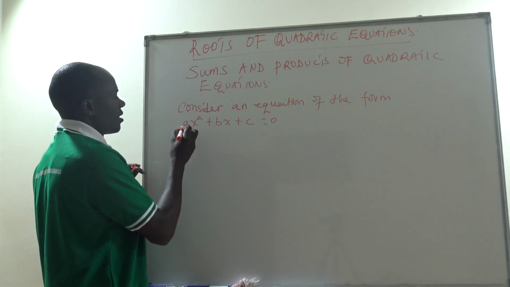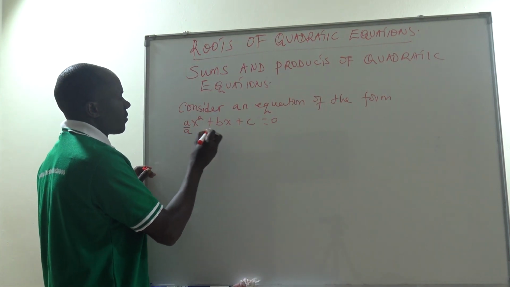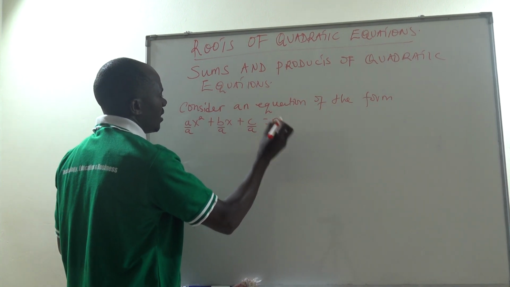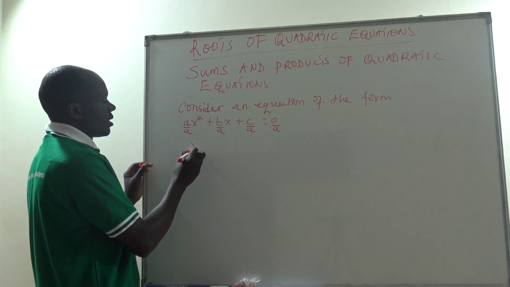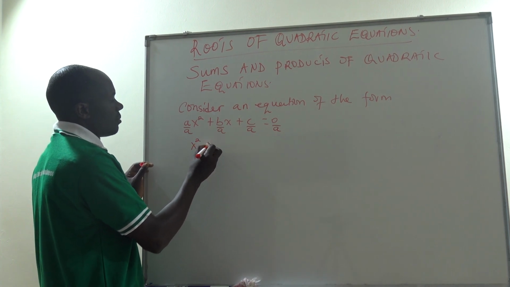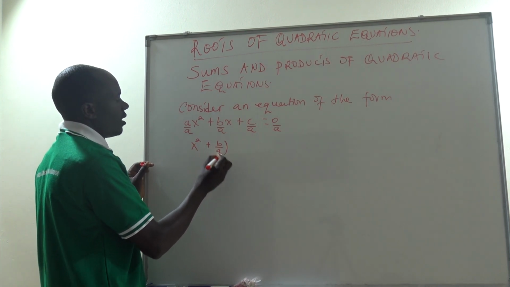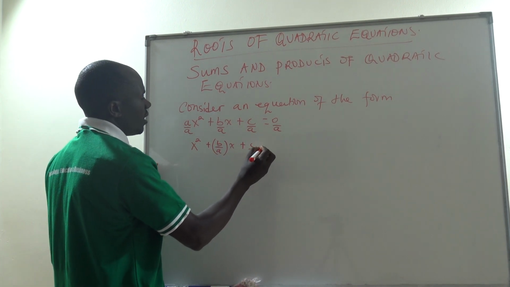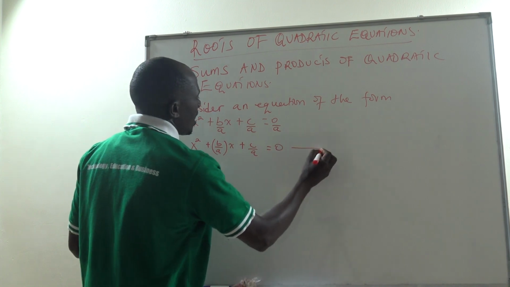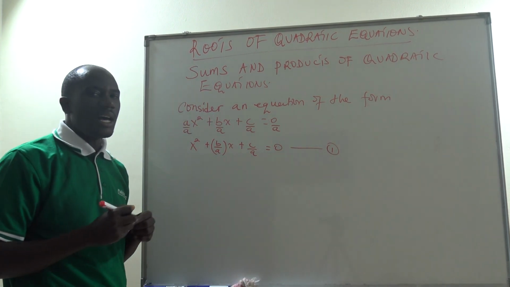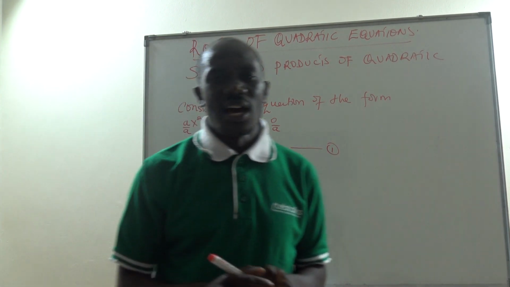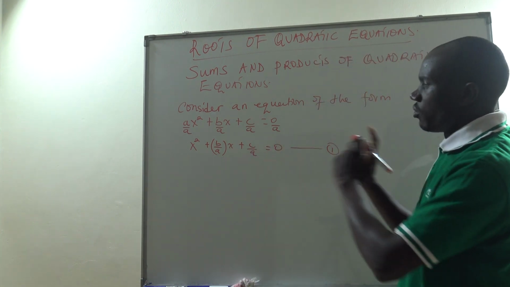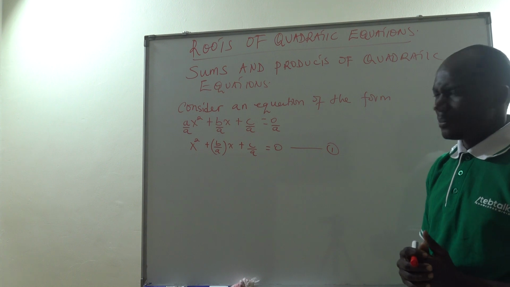So dividing both sides by a, I'm remaining with x squared plus b out of a, x plus c out of a equals 0. I can call this our first equation, which is having x squared with a coefficient of 1. We have tried to rearrange it in that way.